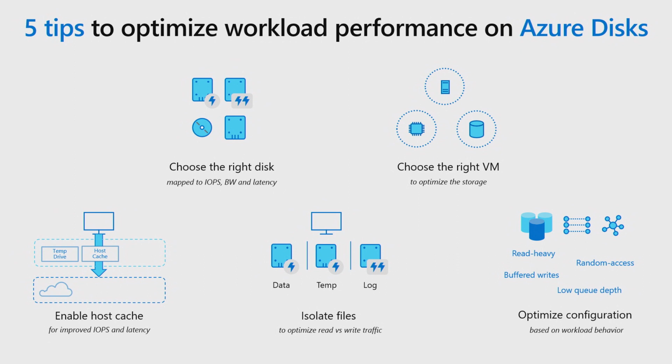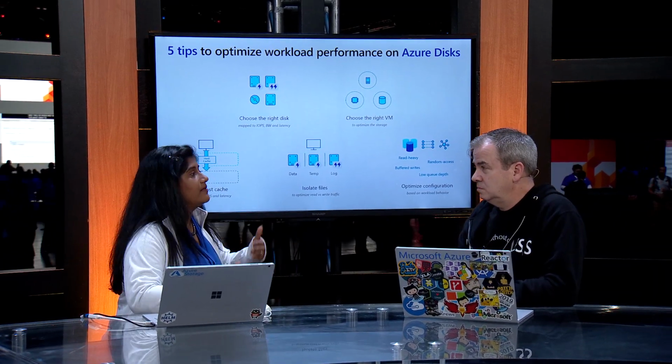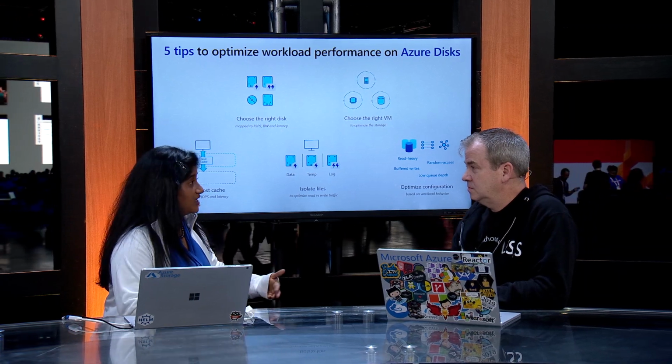First up, we offer a wide variety of disks, everything from standard SSD and premium SSD to Ultra Disk, which is the fastest disk in the public cloud. Which disk you choose very much impacts how your application will behave. If you're looking for a dev test workload or a low IOPS workload, you're looking within the standard family.